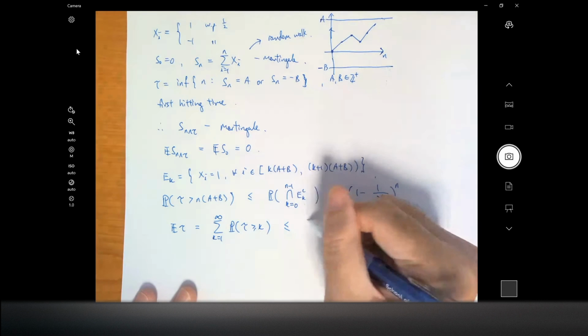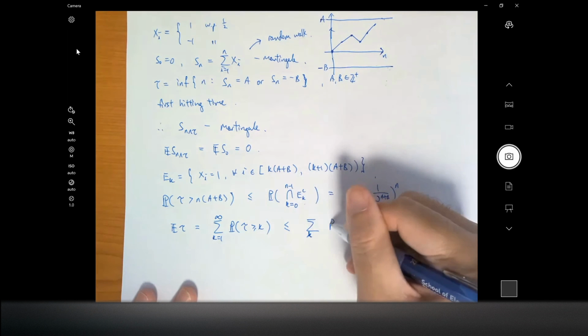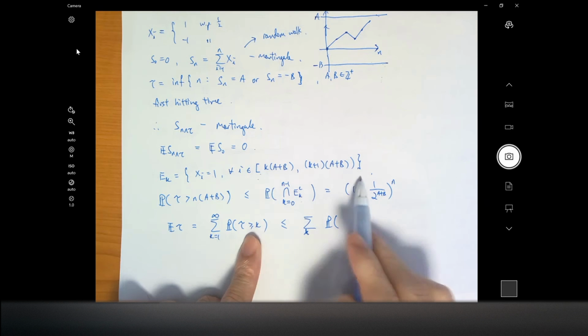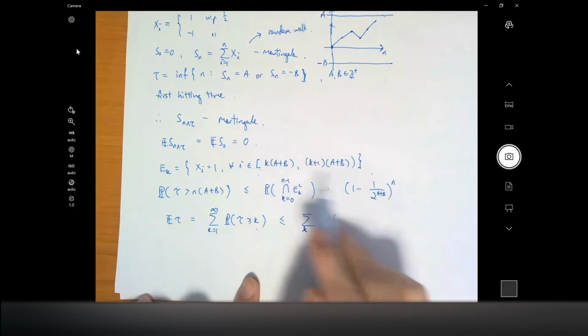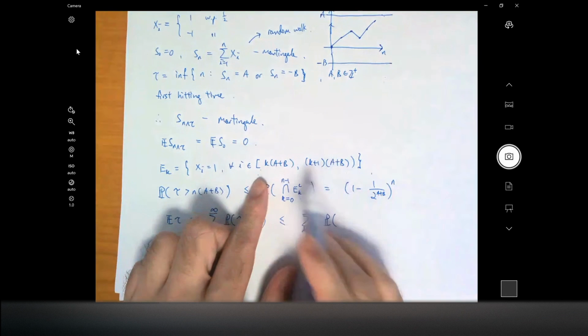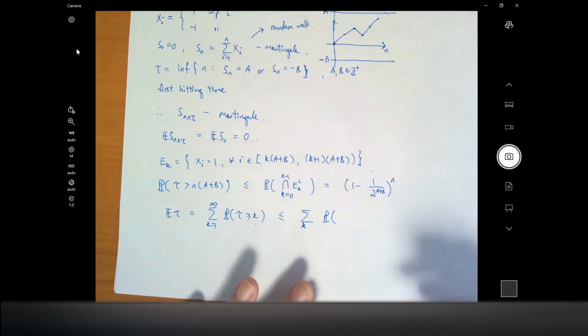Each value of k will be inside one of these intervals, as I'm dividing my time axis into all these A plus B sub-intervals.